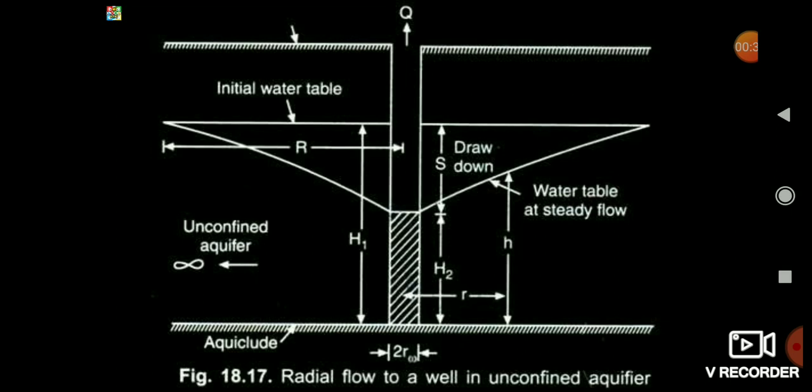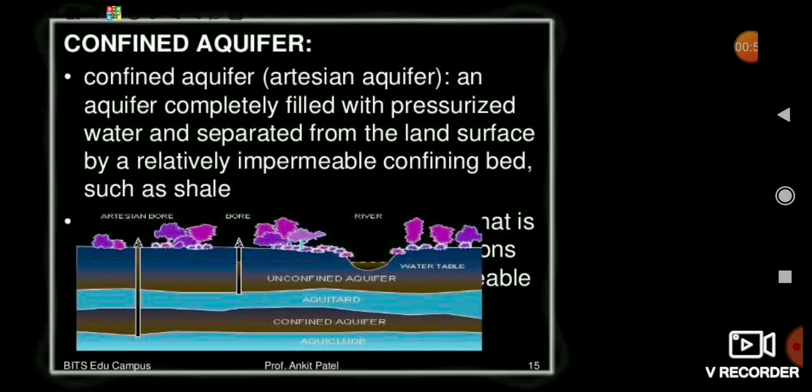Friends, notice here that it is a linear relationship between the drawdown and the height. Means when there is a linear relationship between two quantities, then their differences are equal. So you can easily use either S1 minus S2 or H1 minus H2.